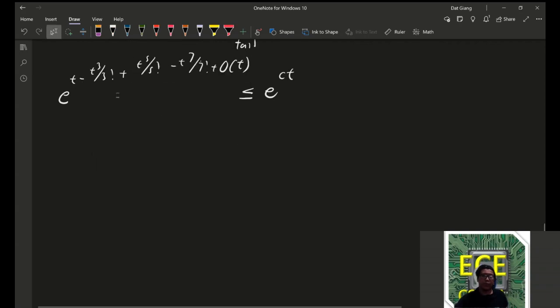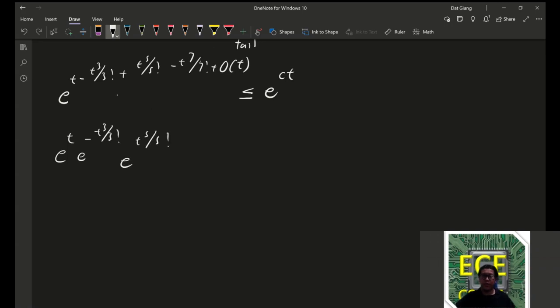Now, using the property of exponentials, where exponents that add together multiply in the base, we have e to the t, e to the negative t cubed over 3 factorial, e to the t to the 5 over 5 factorial, e to the negative t to the 7 over 7 factorial, and e to the O of t, which we don't care about, less than or equal to e to the ct.